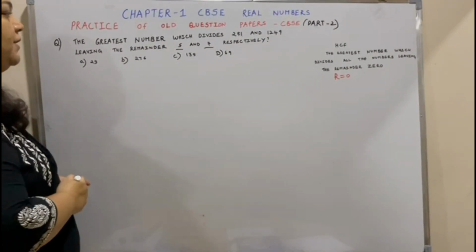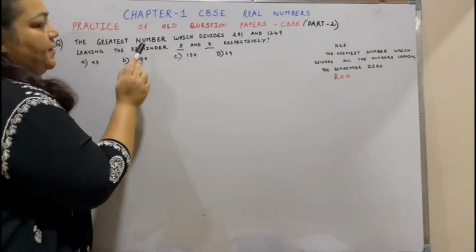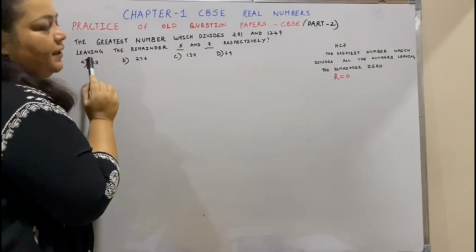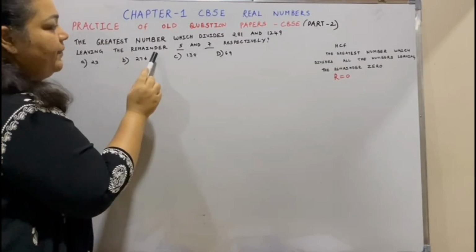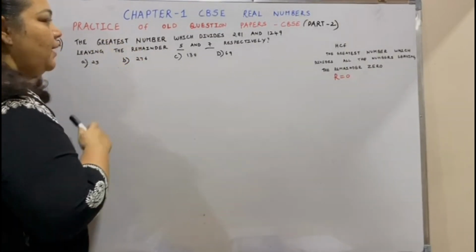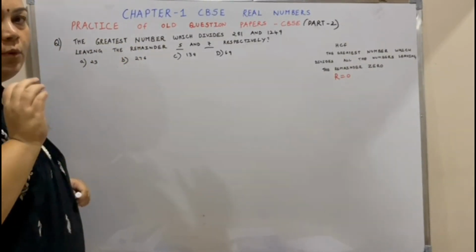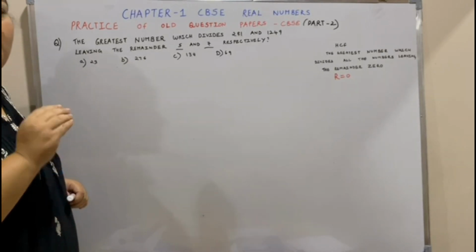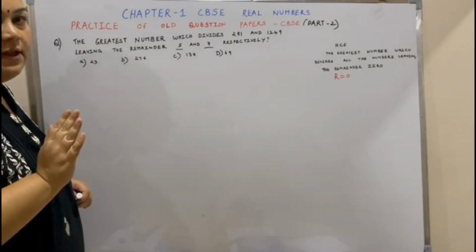Now the next question is: find the greatest number which divides 281 and 1249, leaving the remainder 5 and 7 respectively. They are saying some greatest number. But what is HCF? HCF means dividing all the numbers, leaving the remainder 0.